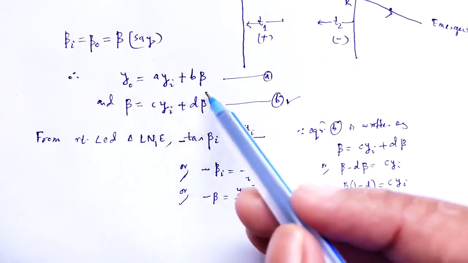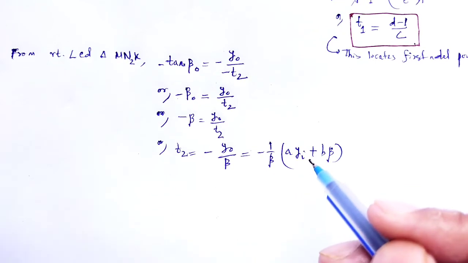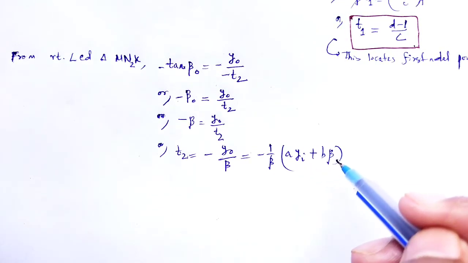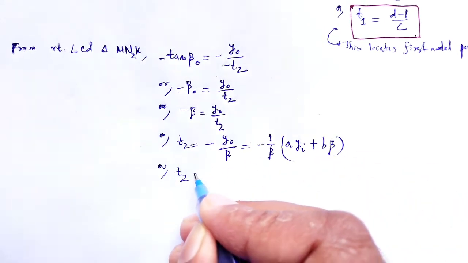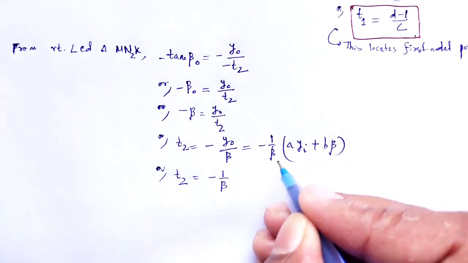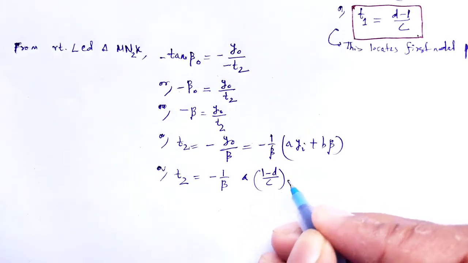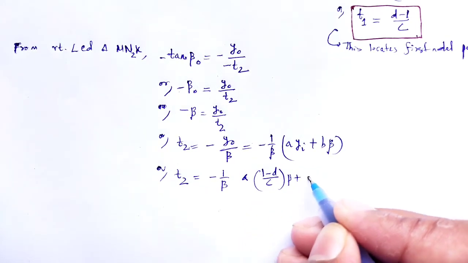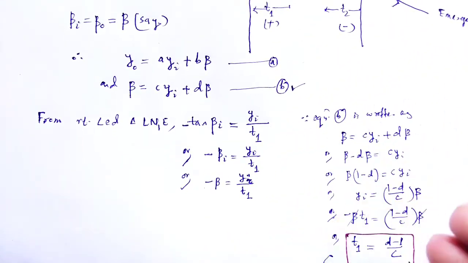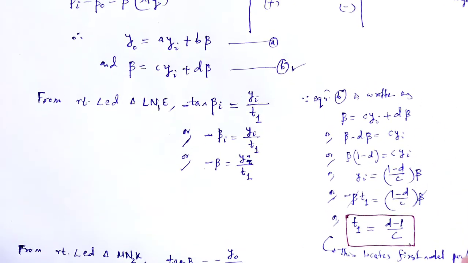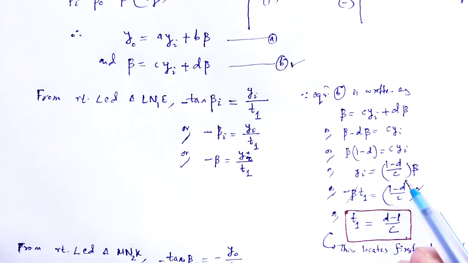Now the value of yi is put, so T2 is equal to minus 1 by beta, A times the value of yi, (1 minus D by C) beta, plus D beta. This is the value of yi.